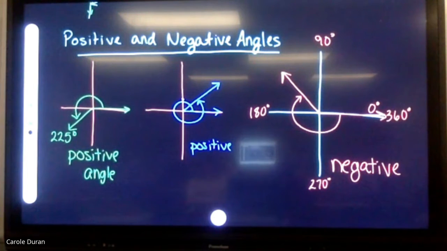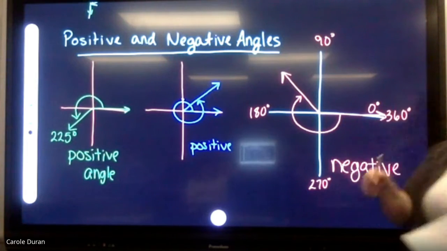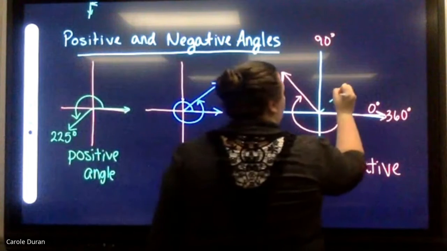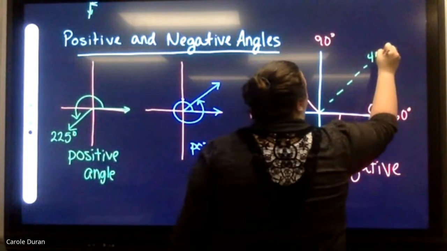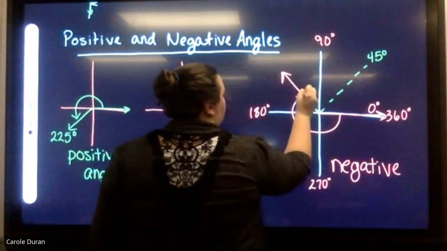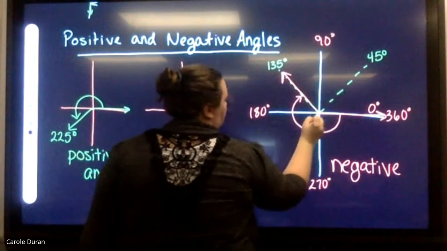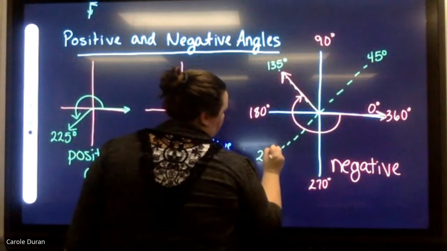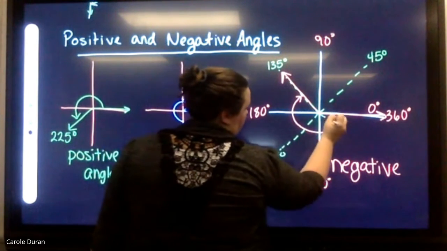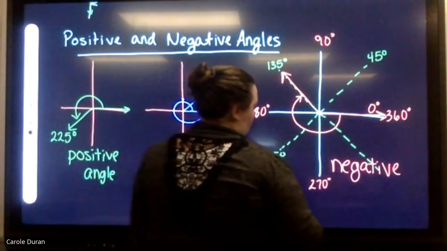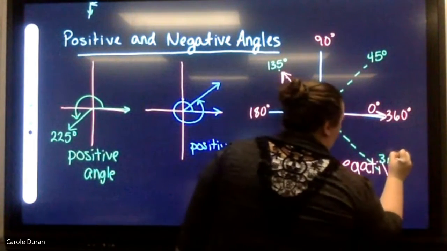That's a geometry piece of information that's in our brain, which means halfway between each of these 90-degree differences is a 45-degree angle. 315? Yeah.